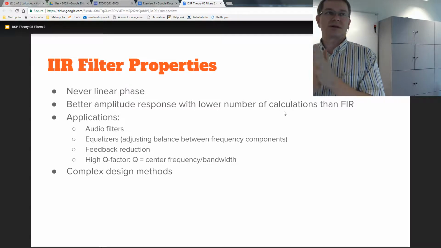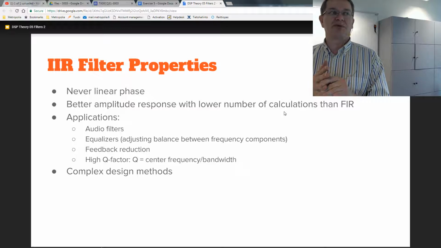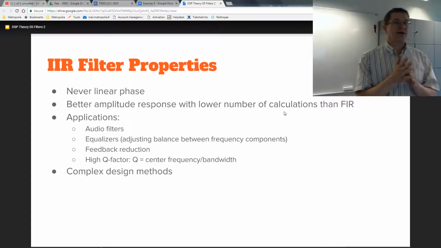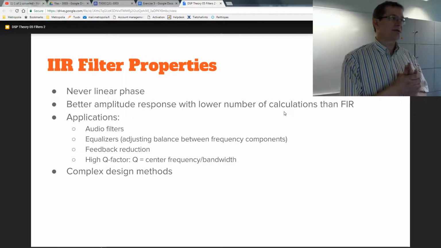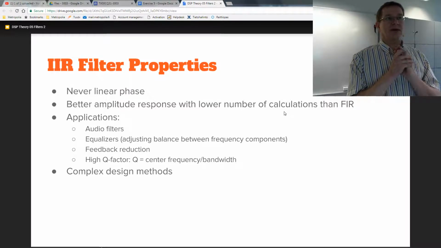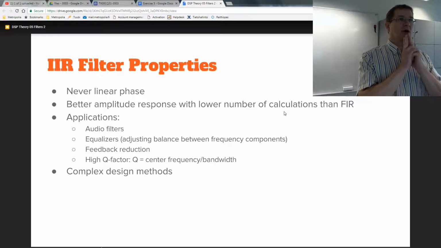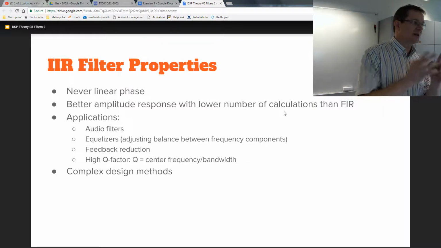So IIR filters. Now we are talking about infinite impulse response systems, which means that the filter always has somewhat non-linear phase. So it's never a linear phase filter. If you need a linear phase response, then the only way to get it is FIR, which has its limitations.